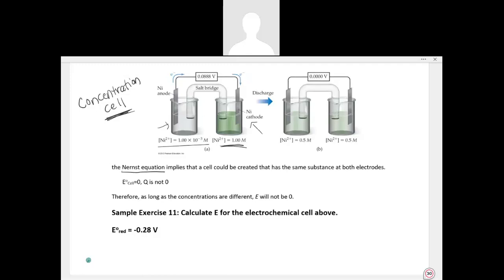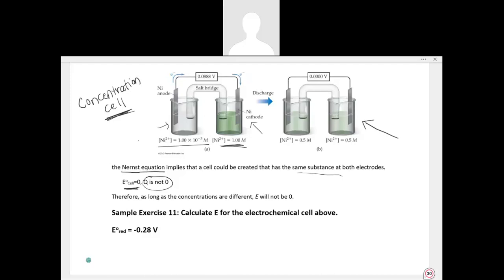Notice that there is a current passing through. If we didn't utilize the Nernst equation, since we have the same substance at both electrodes, our E cell would equal 0. But since Q is not 0, we can actually calculate the cell potential for what's called a concentration cell, which in this case utilizes different concentrations of our nickel electrolyte to generate this current.